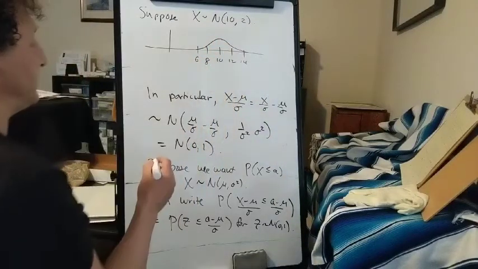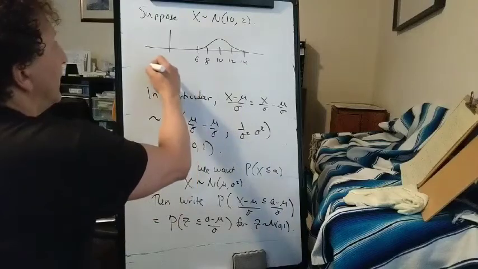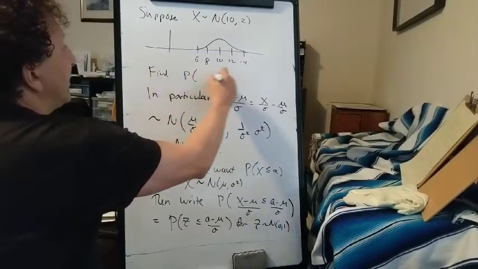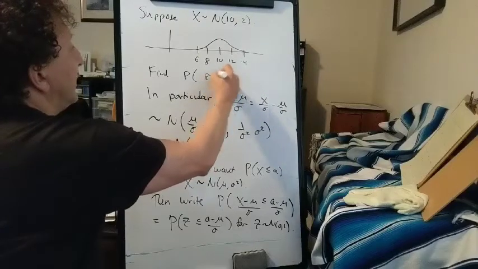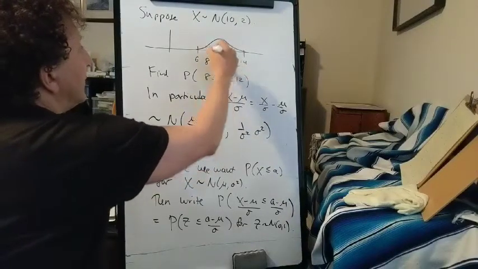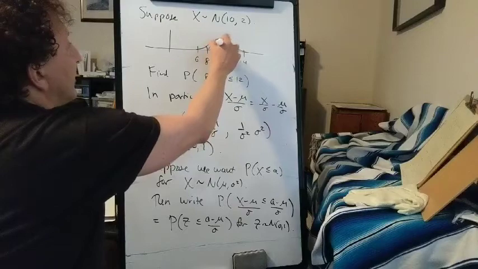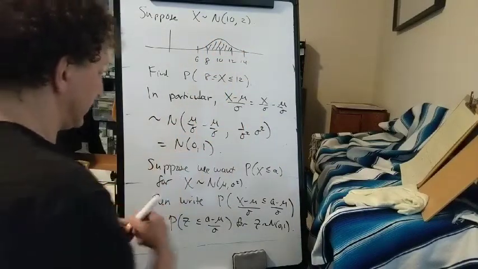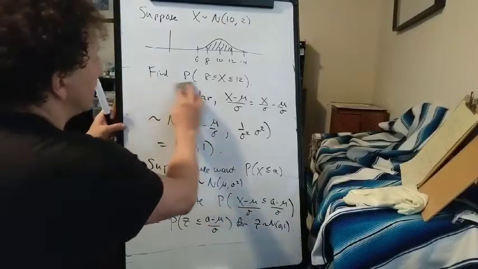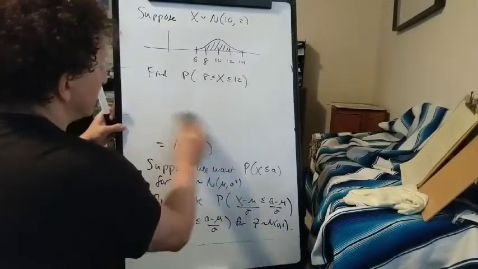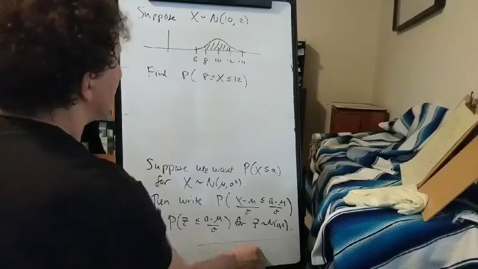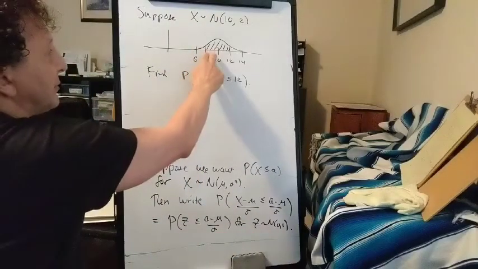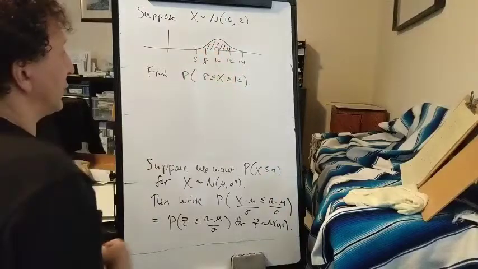So it looks something like that. Let's find the probability that X is between 8 and 12. So this area here. Now by symmetry, the normal curves are all symmetric. This is the same as finding 2 times the area between 10 and 12.